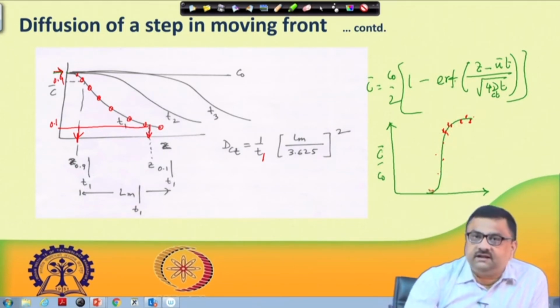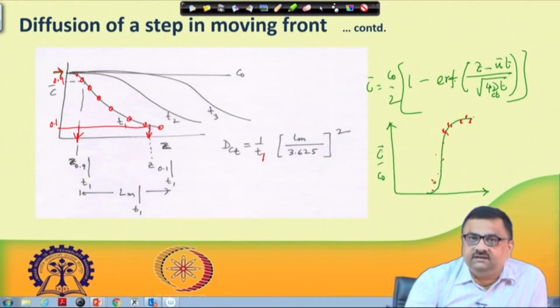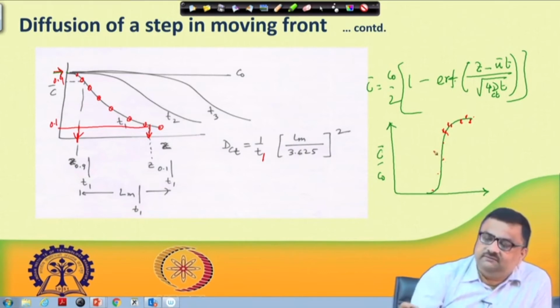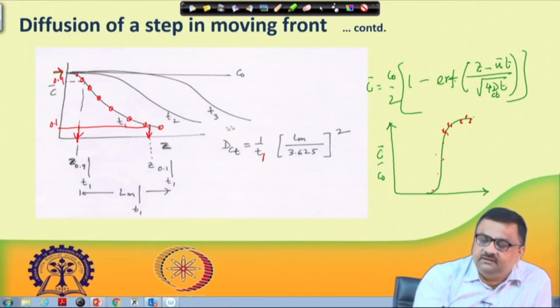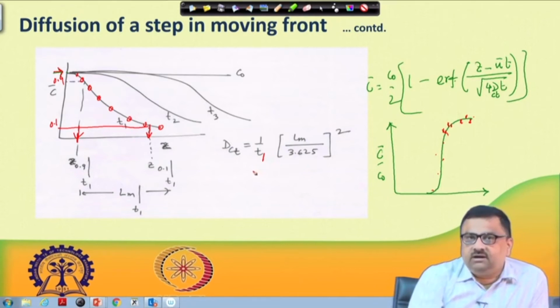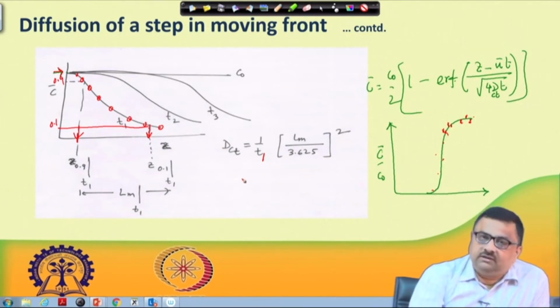So, something of that sort one has to do to find out the value of DCT. Instead of doing that exercise, they have made life a little simpler. They are saying that if you take these measurements, this will directly follow. Okay. So, this is one way of calculating the dispersion coefficient.